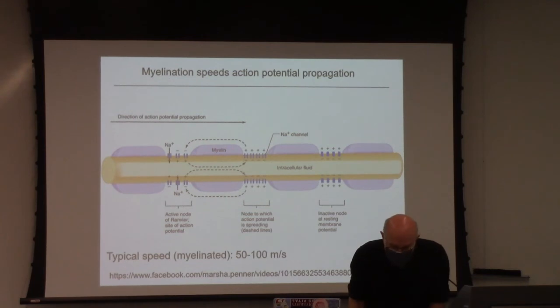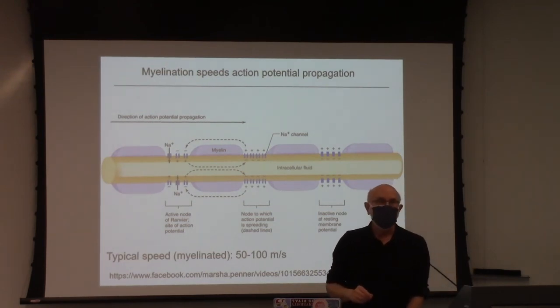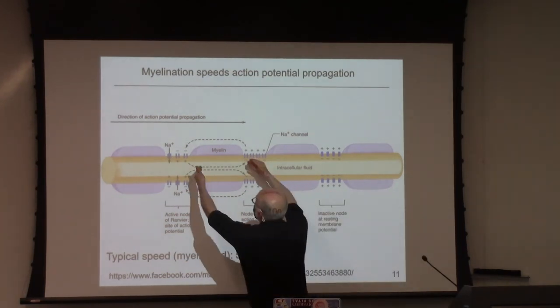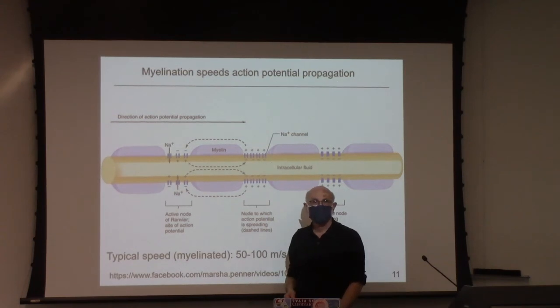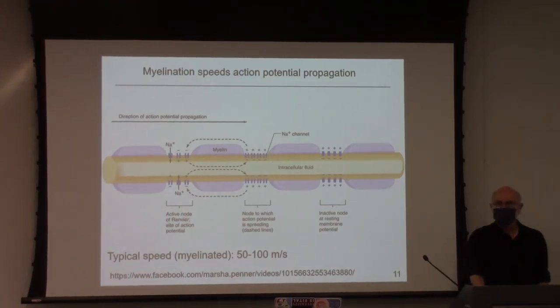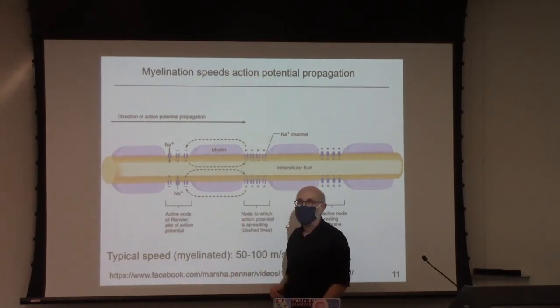How long is the typical myelin section? From 0.25 to 1 millimeter in length. The question was how long is the myelinated region, and it's less than a millimeter, half a millimeter typically.